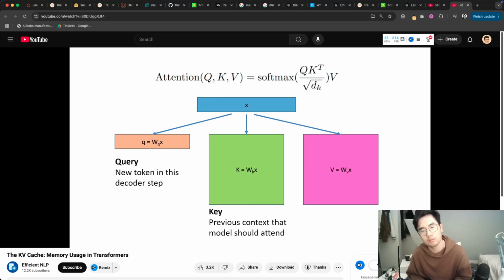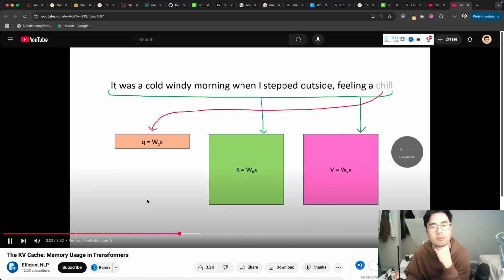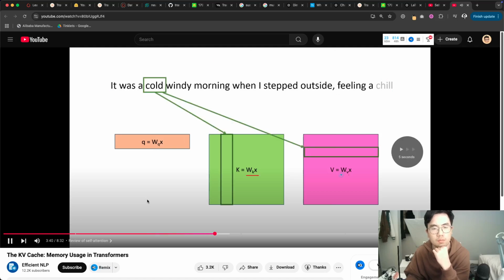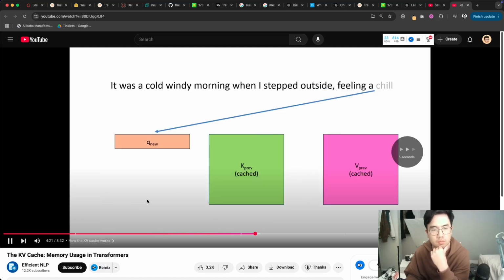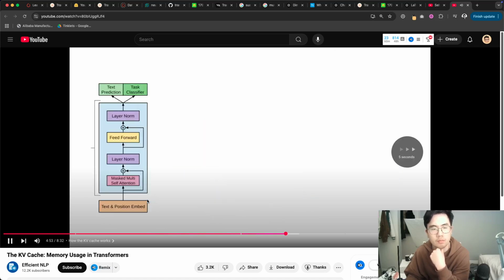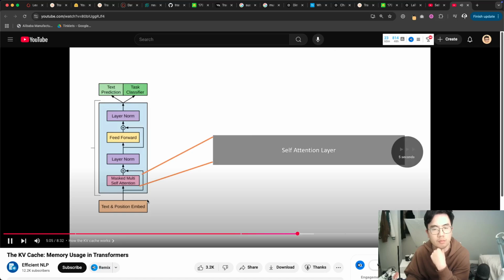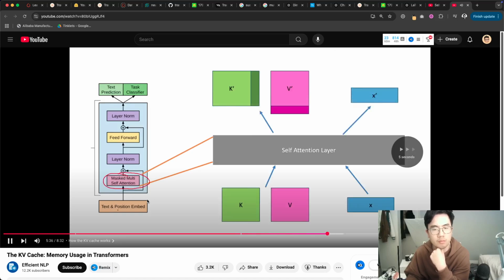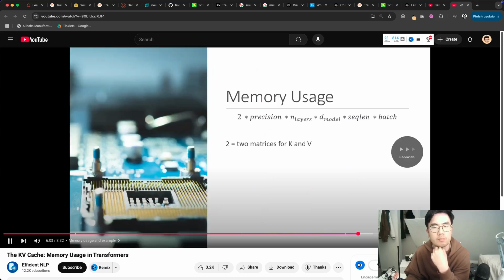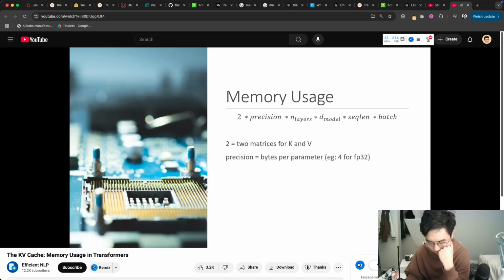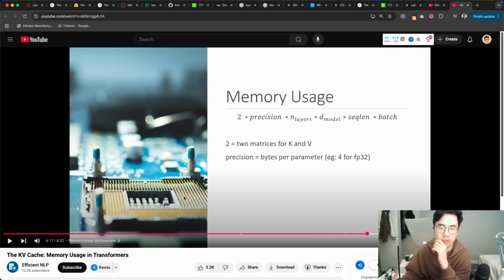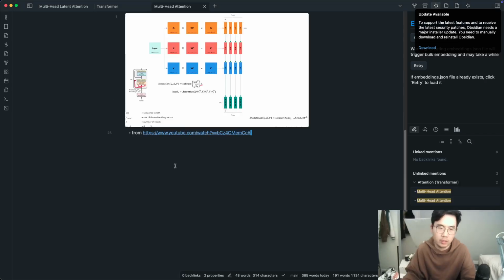The key matrix represents all the tokens. Precision, sequence, is the number of bytes per parameter. For example, in FP32, there are 4 bytes per parameter.